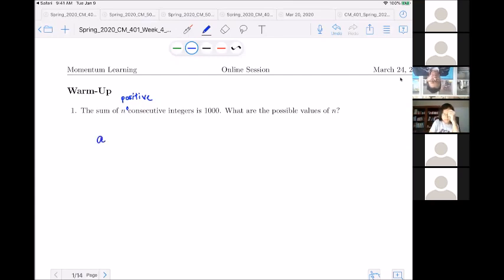Let's start with a. Then the next one is a plus 1, the next is a plus 2, all the way to a plus n minus 1. So now I have n consecutive integers. We want the sum to be 1000. What are the possible values of n?